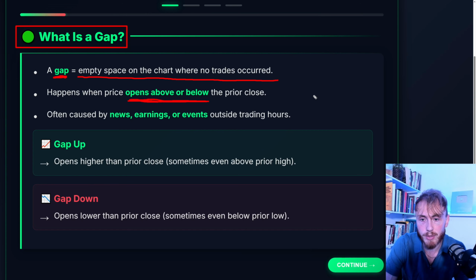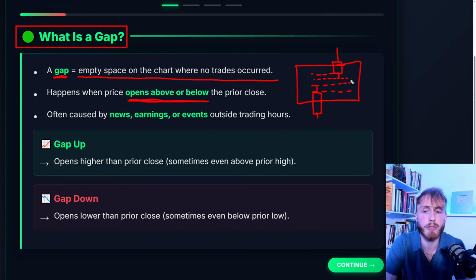So what do I mean by this? Well, if we have a candle, this is the first candle right here, and then we see another candle right here. Some traders only consider it a valid gap if we see empty space between the wicks right here, while some traders see it as a valid gap as long as we see a gap between the real bodies.